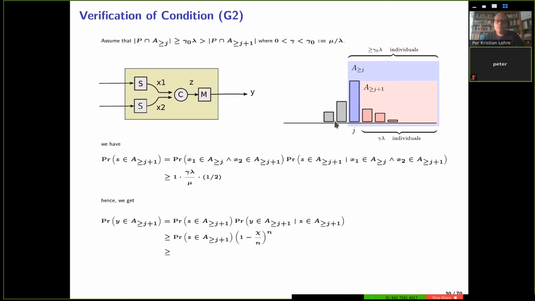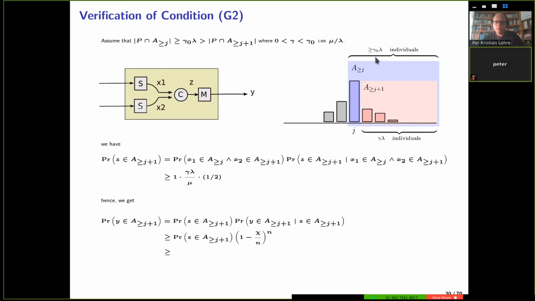So to draw this population, here are the fitness values. This is a histogram of the fitness values of the population. I have at least gamma naught lambda individuals in fitness level j or higher, and I have at least gamma lambda individuals in fitness level j plus 1 or higher. Now, why did I choose gamma naught to be mu over lambda?